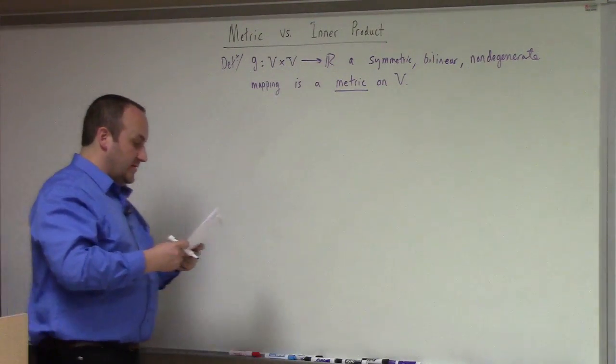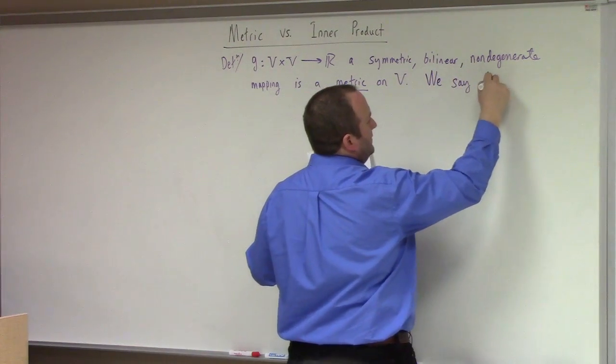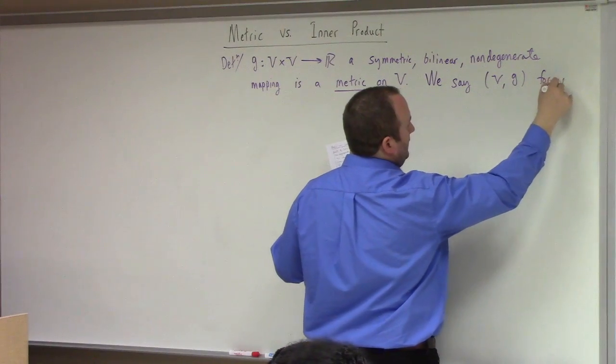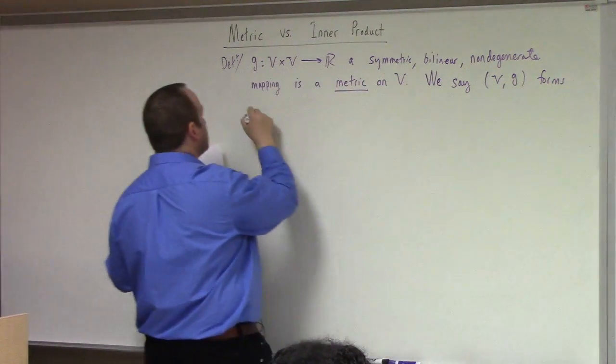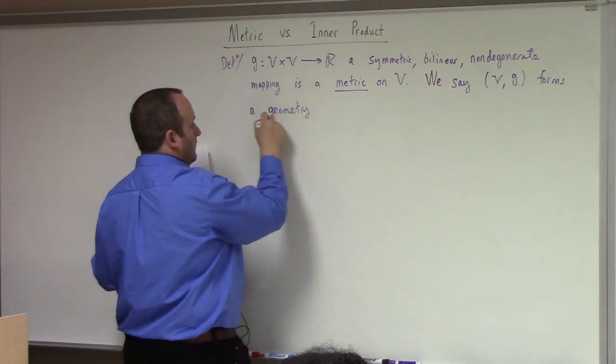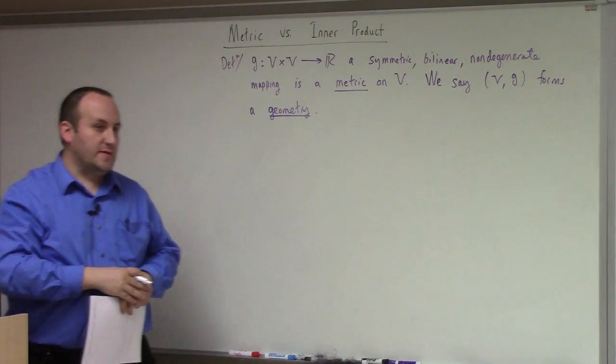Now, furthermore, we say the pair V with G forms a geometry. So a geometry is a vector space paired with a metric.